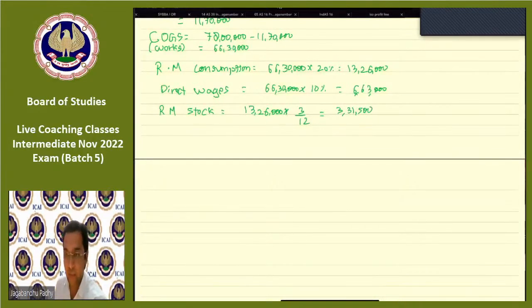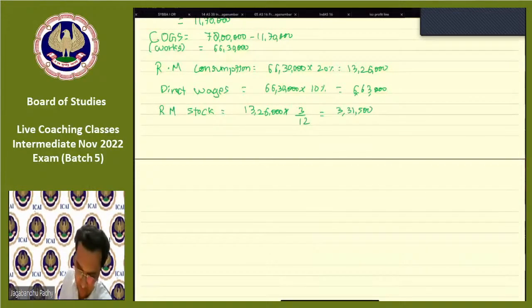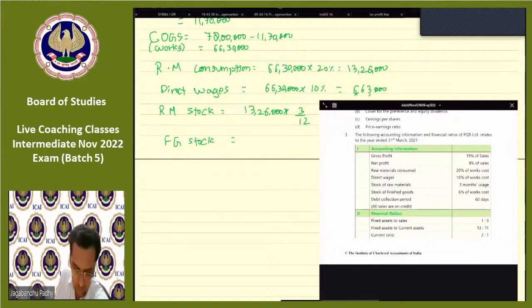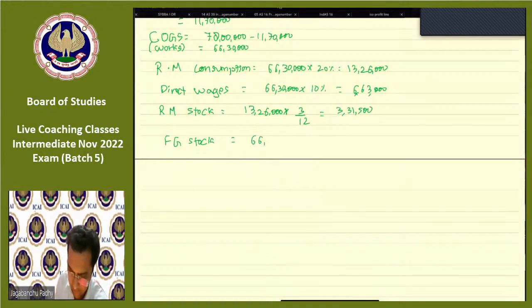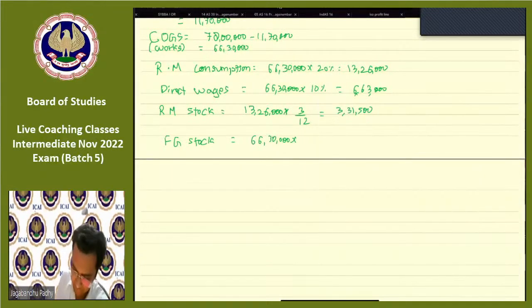Okay, then we have the information of stock of finished goods. Stock of finished goods is 6% of works cost. So finished goods stock is 6% of works cost. Works cost was 66 lakh 30,000 into 6%.